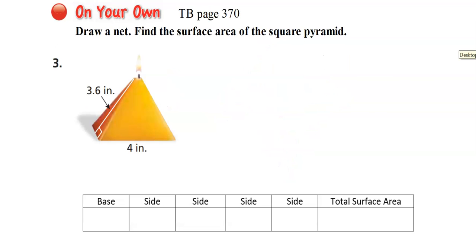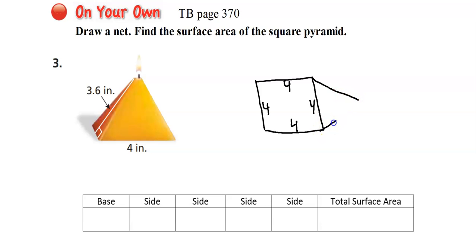Okay, last one. I hope you're finding these pretty easy. Notice that the base of the square, this looks like a candle, the base of the square is 4. So when I draw my picture, I'm drawing a square that's 4 by 4. So I'm going to put 4s on all the sides. And then the height of the triangle, perpendicular to the base, is 3.6 inches.